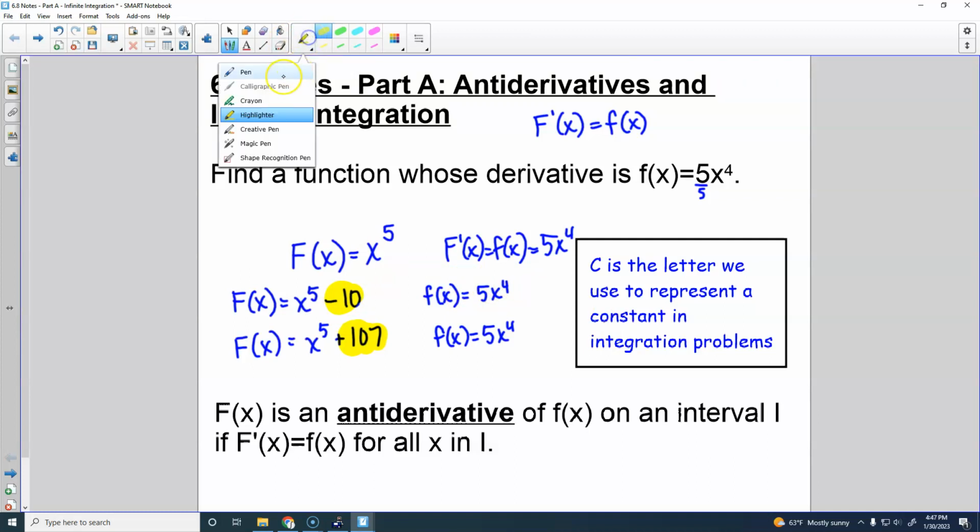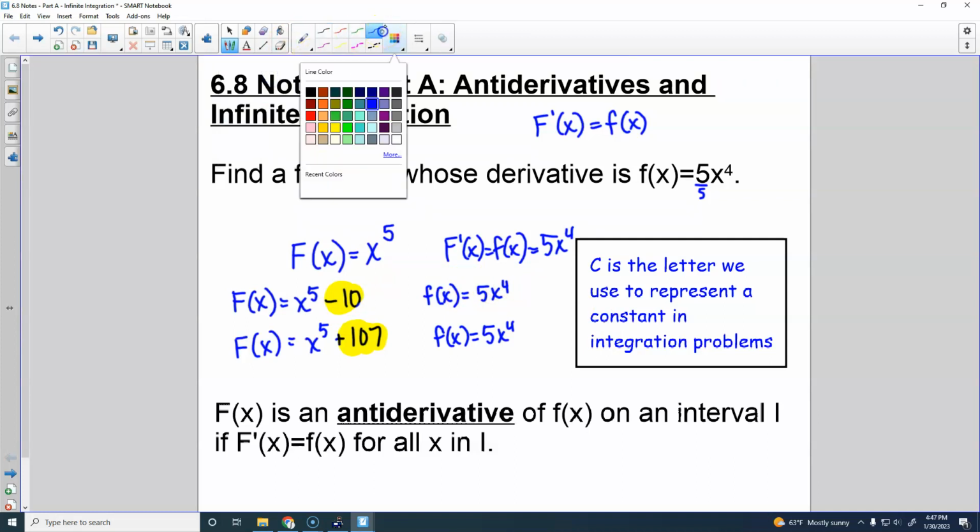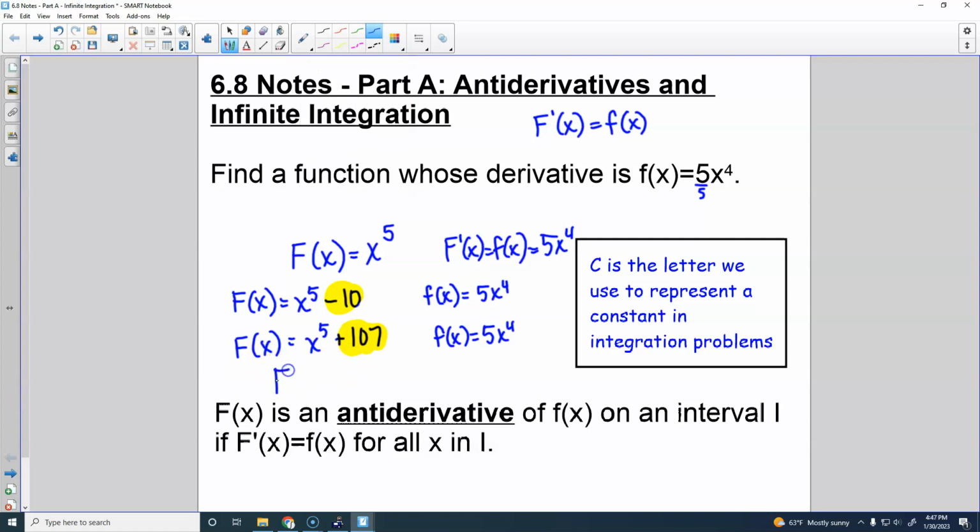So when we take these antiderivatives, when we reverse the differentiation process, we are going to use that rule that you guys were starting to see, and we will get x to the fifth, but we can put plus capital C. Capital C is the standard letter that we use to represent a constant in integration problems. So every time you do indefinite integration, you want to put this plus C on the end.